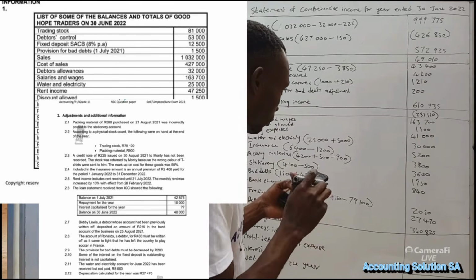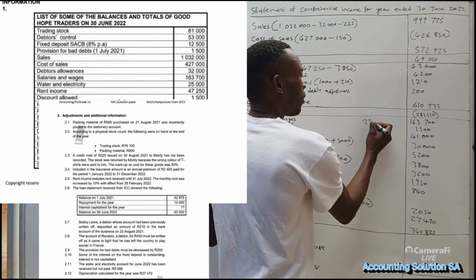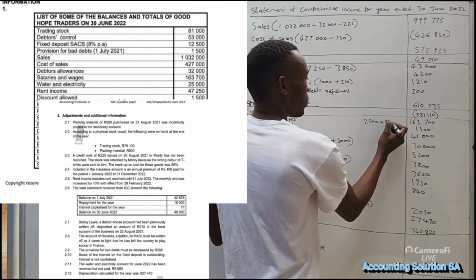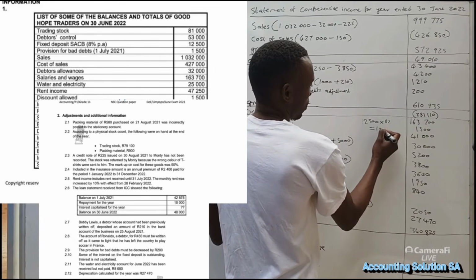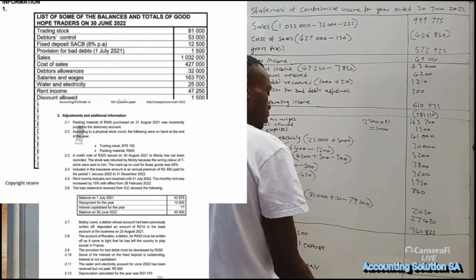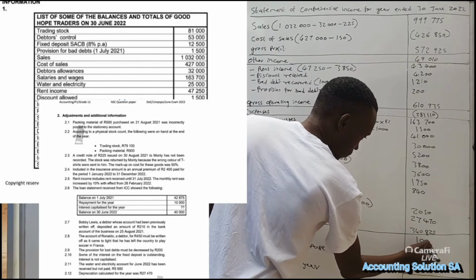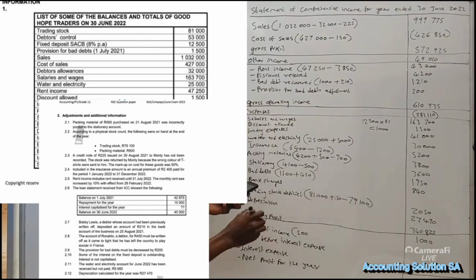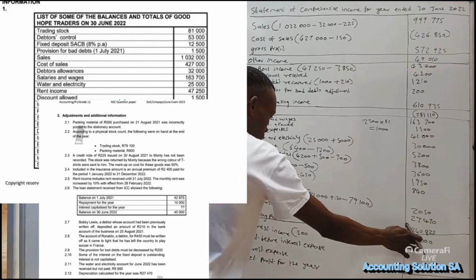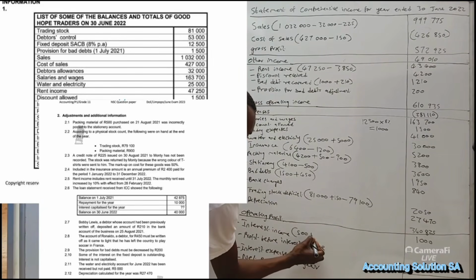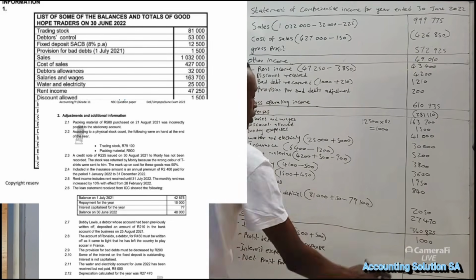If you take 12,500 multiplied by 8%, it's going to give you 1,000. Okay, so this is the amount that was supposed to be recorded here, which means that the difference between 1,000 and 500 is the amount outstanding, so we have to add 500 so that it can give us 1,000 this side.